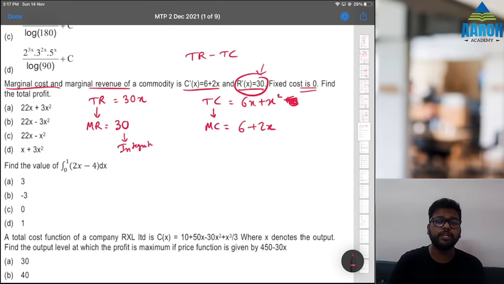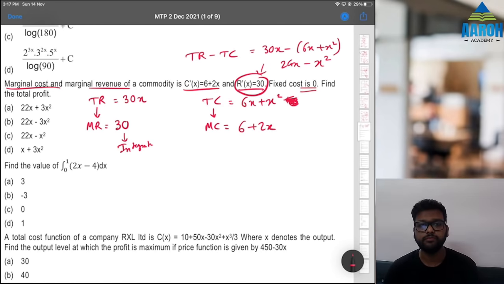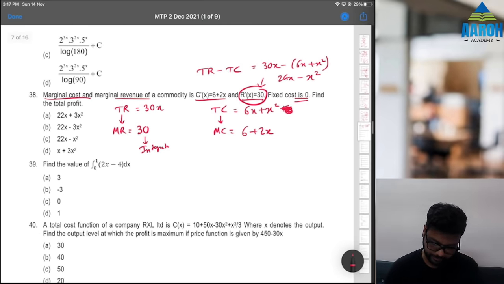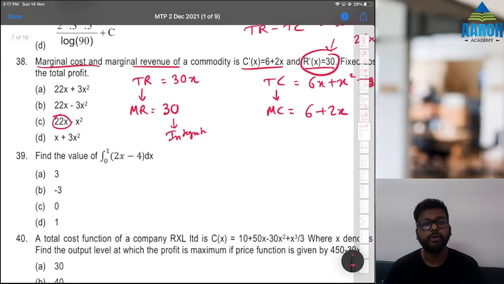Total revenue minus total cost will be our answer. So our answer will be 30x minus (6x plus x square), that is 30 minus 6, 24x, and minus x square. That is not in the options, but 24x minus x square should be the answer. Okay, fine. Next, they have given 22x minus x square. Maybe they wanted to give 24, I don't know.